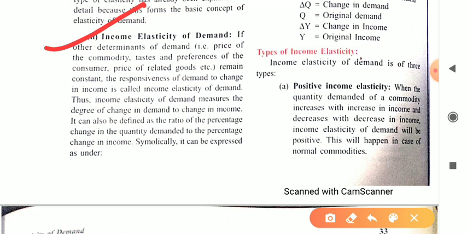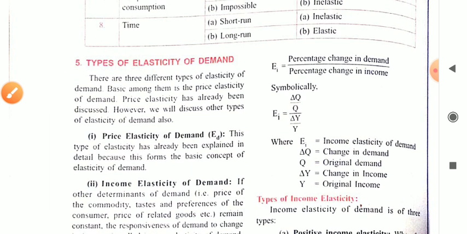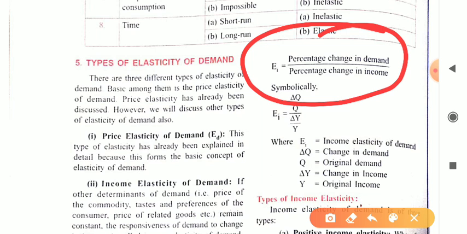Okay students, that's why income elasticity of demand measures the degree of change in demand to a change in income. It can also be defined as the ratio of the percentage change in quantity demanded to the percentage change in income, and symbolically it is represented as EI.